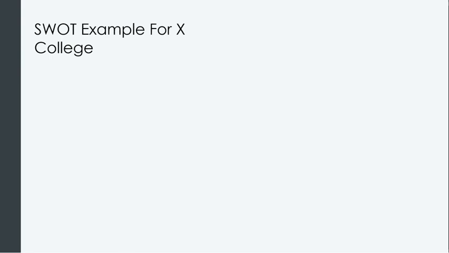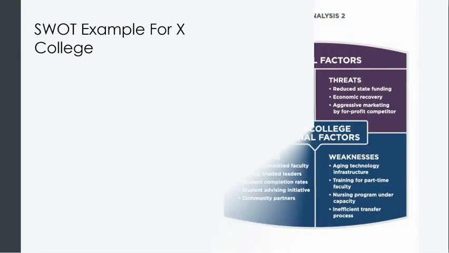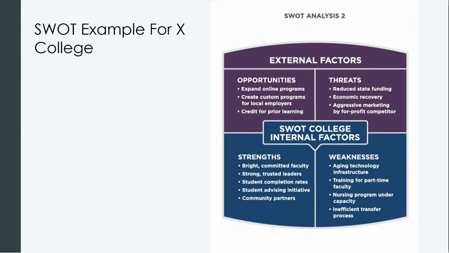Here is an example of SWOT for X college. The external factors are the opportunities in the market and the threats. For example, the opportunity examples are like expanding online programs. Now during the coronavirus pandemic, many organizations and colleges offer their products online.